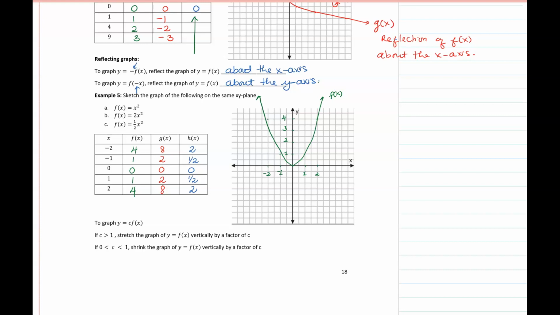Next, we do the graph of g of x. Note that the graph of g of x is smaller, it's narrower.